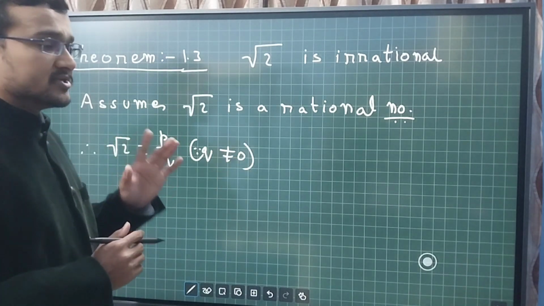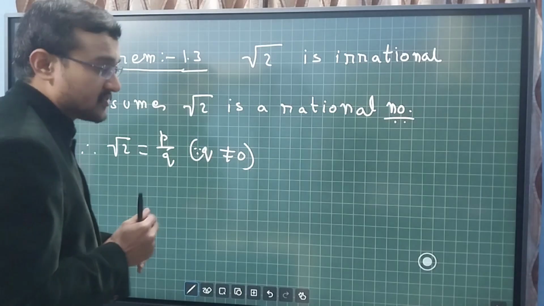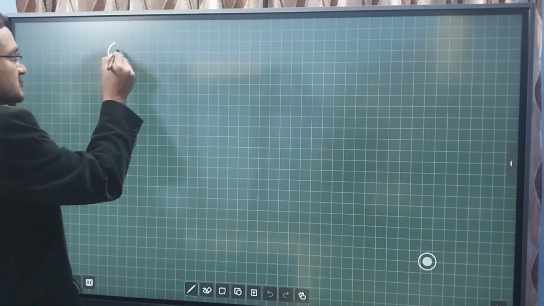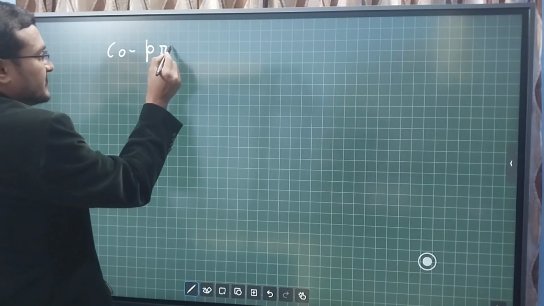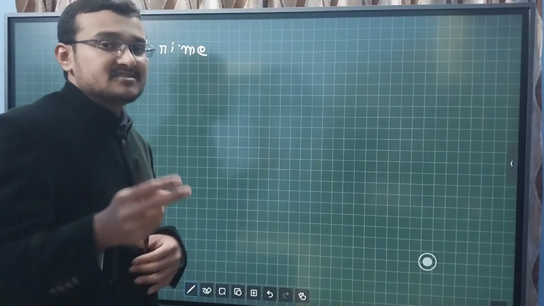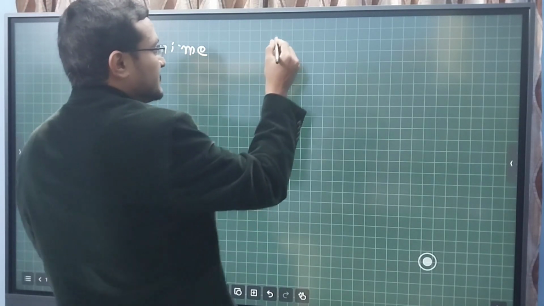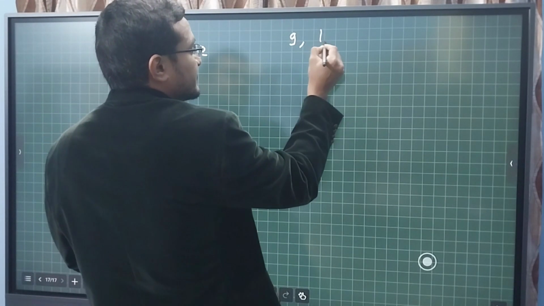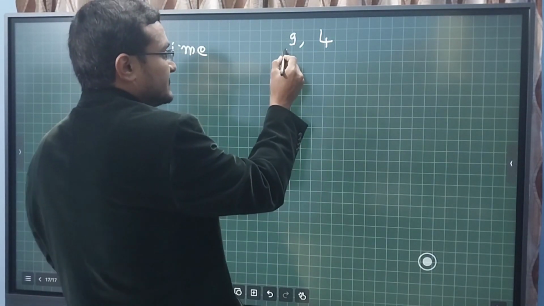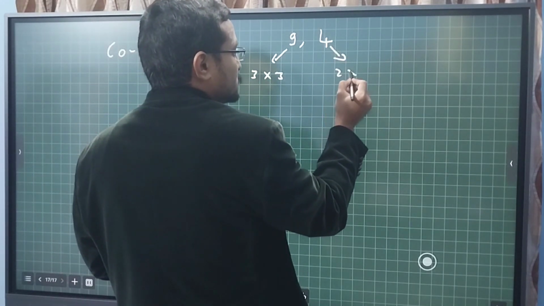If root 2 is a rational number, then we will consider two co-primes. What do you mean by co-prime? One concept we have to remember: co-primes are two numbers which don't have any common factors. For example, 9 and 4 are co-primes, because 9 can be written as 3 into 3, and 4 can be written as 2 into 2.